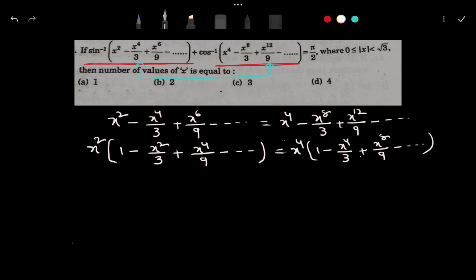Right? Now this one, first you convert into the standard form: x square into 1 plus minus x square by 3.